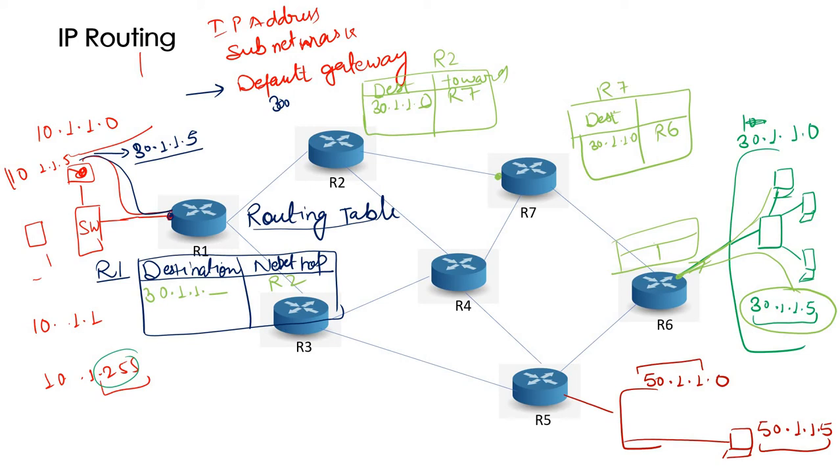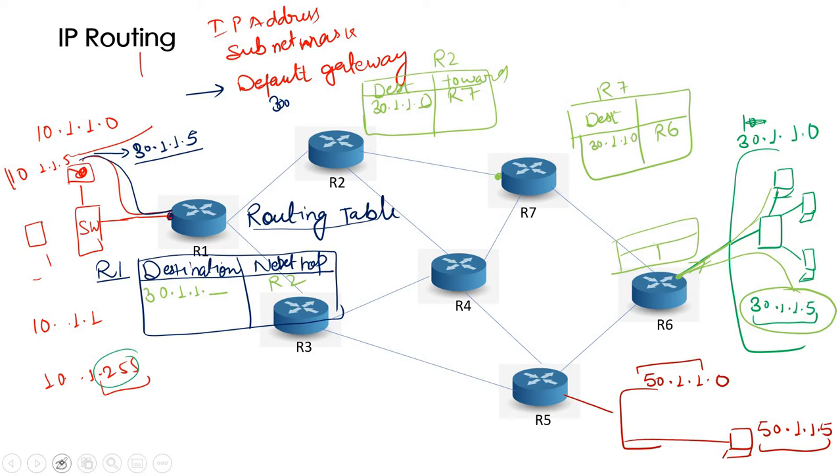So this is just the concept of the routing table: if the router does not know where to forward the packet, it cannot forward the packet. This is just the basic concept of routing.